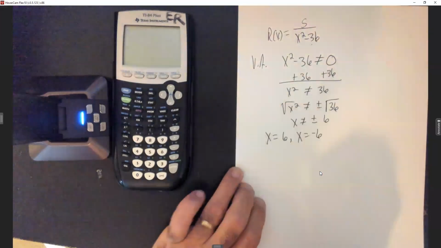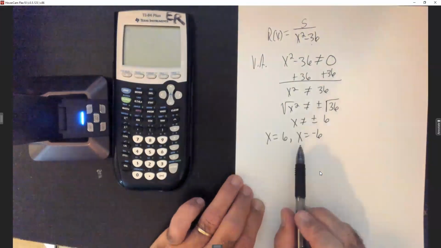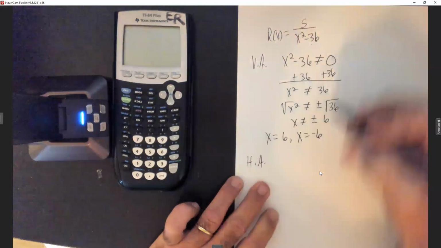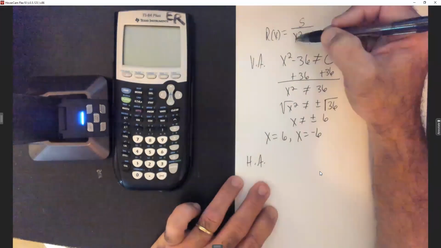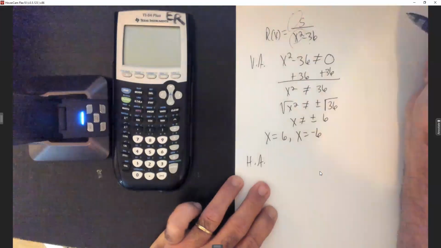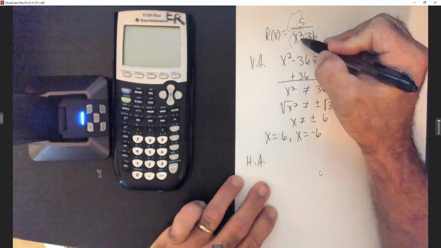So my vertical asymptote would be x equals 6, comma, x equals -6. I think we have to put these in like in an equation, okay? Now, horizontal asymptote, I look at the degree of the top versus the degree of the bottom and see which one's bigger. Well, if you notice, there's not even a variable in the top, so it has no degree. The bottom has a 2, so the bottom degree is bigger than the top.